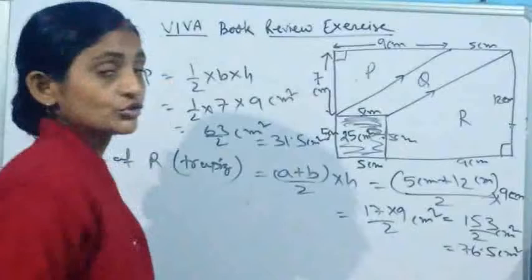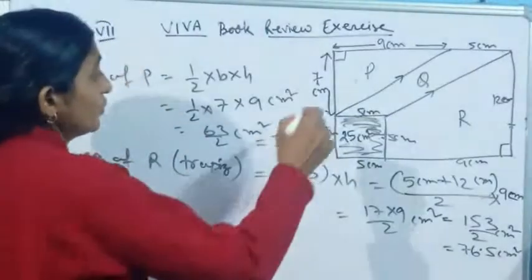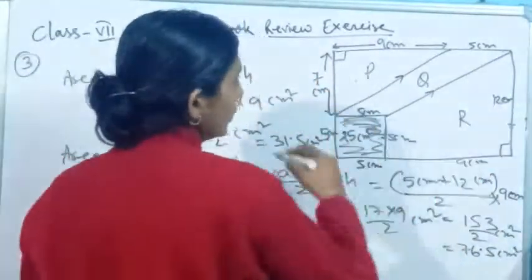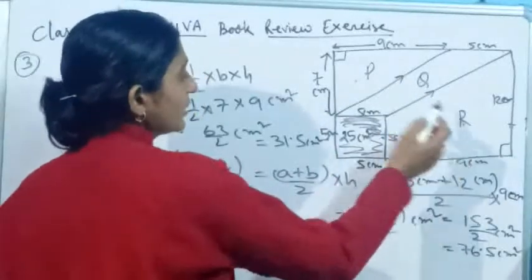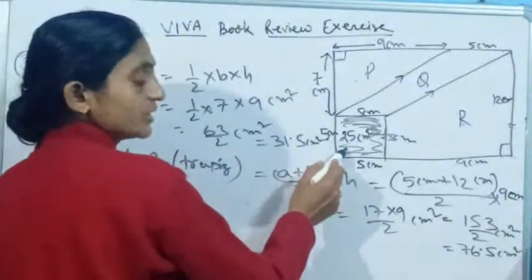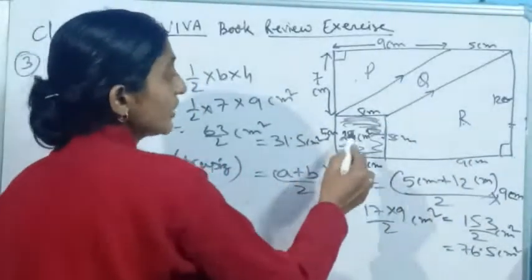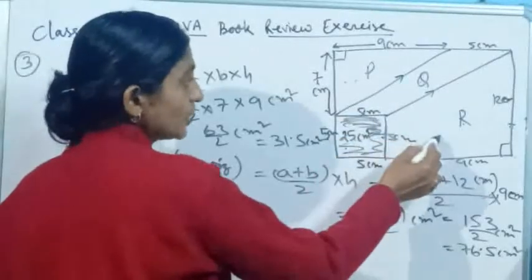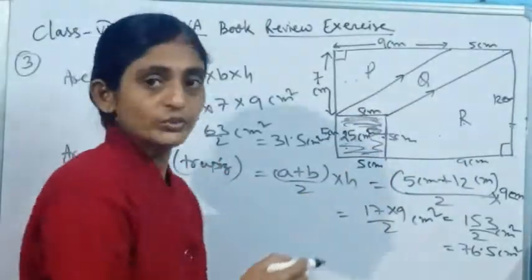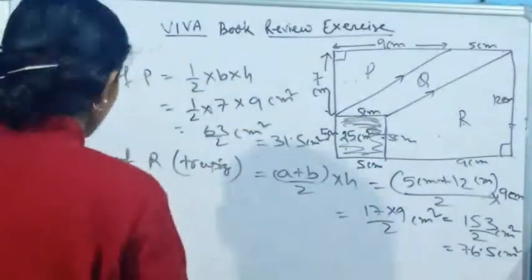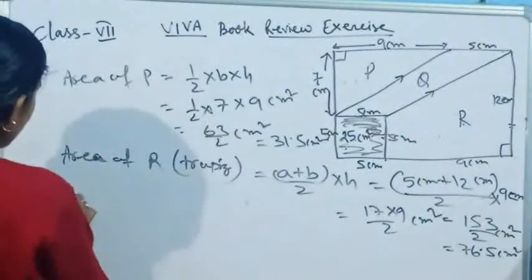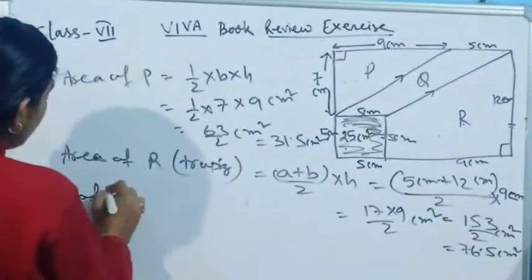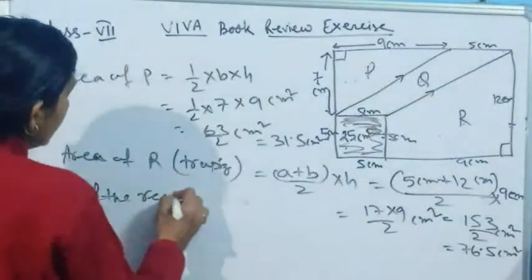Okay. So what are the things I have got? If I am looking for the whole rectangle, so from that whole rectangle I know P, I know the area of R, I know this area of the square it has given in this question. So if I am subtracting all these three, what will remain? Q will remain. So let's find out the area of Q. So before that, let's go for the area of the rectangle.